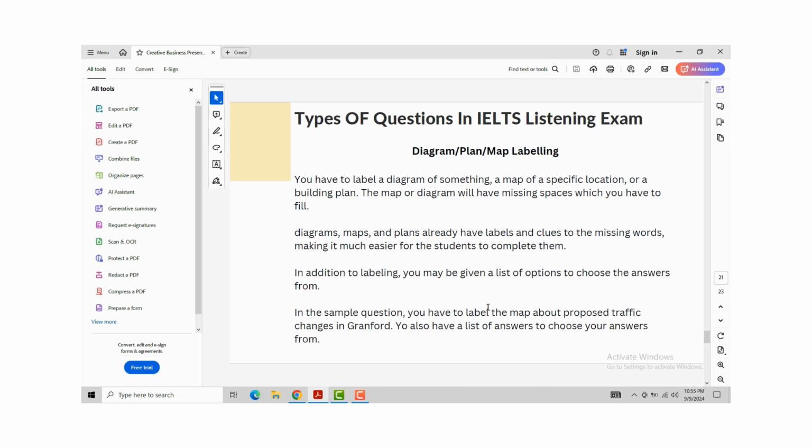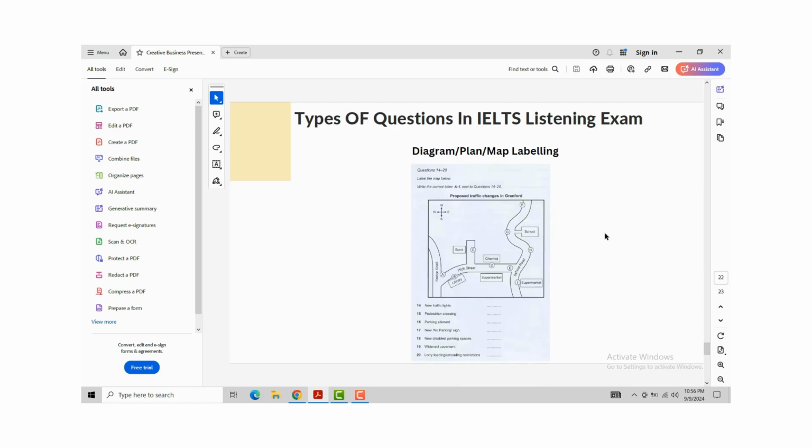In the sample question, you have to label the map about proposed traffic changes in Granford. You also have a list of answers to choose your answers from. This is the example of the diagram. You can see some part of it is already labeled, so you just have to label points F, G, H, I, E, D, C, B, and A. As you can see, some of it is already labeled, such as bank, chemist, supermarket, library, and you also have a list of options to choose from.